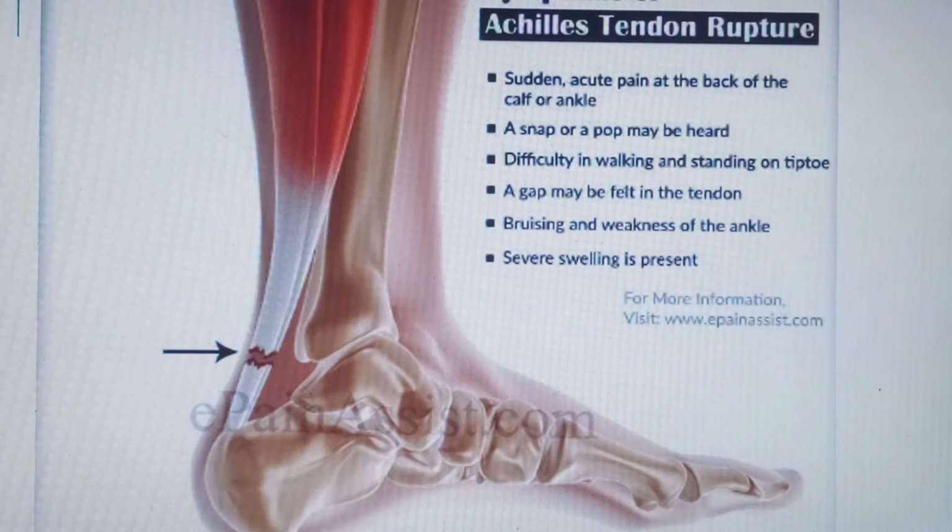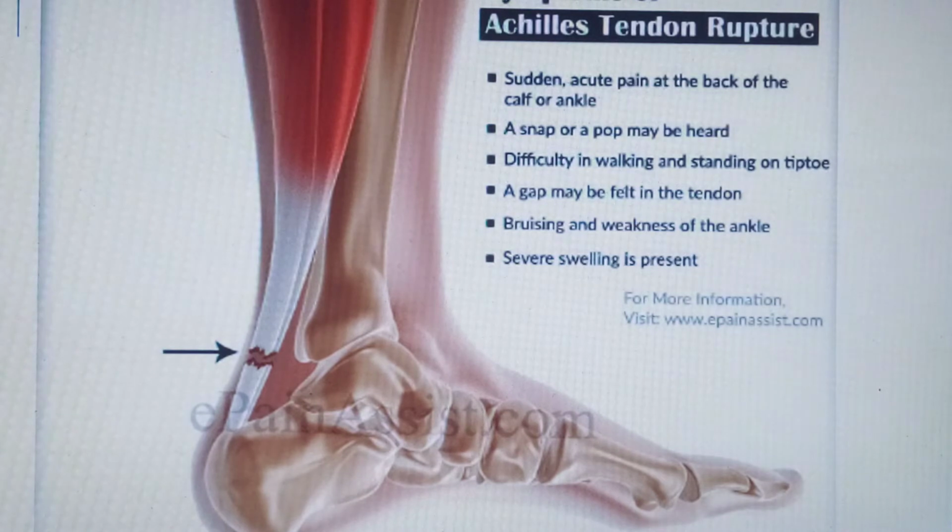Now, look at this. Because all these three superficial muscles insert onto the calcaneal bone via the Achilles tendon, sometimes if there is too much stress on this tendon, doing a lot of dorsiflexion, you may suffer a tear of this Achilles tendon.